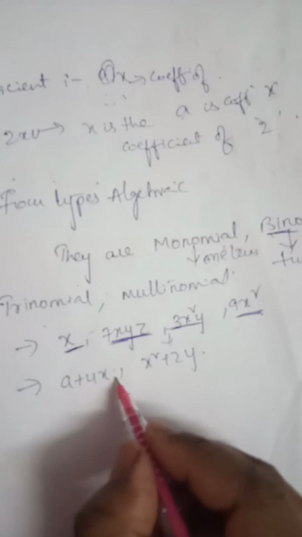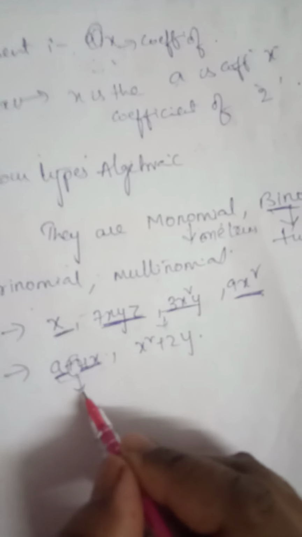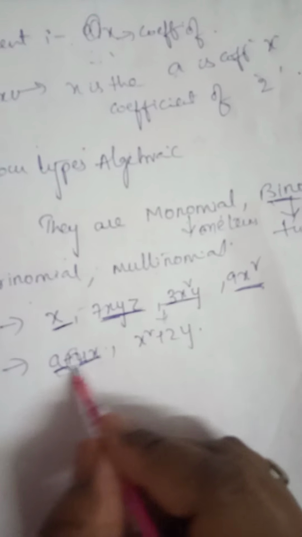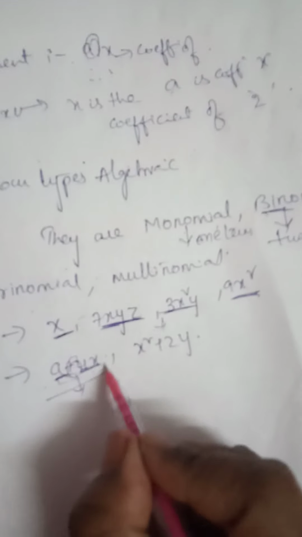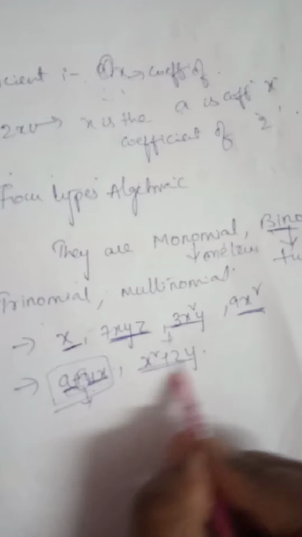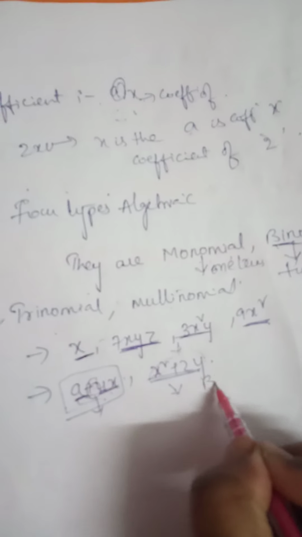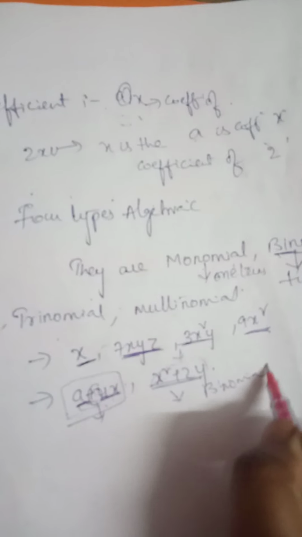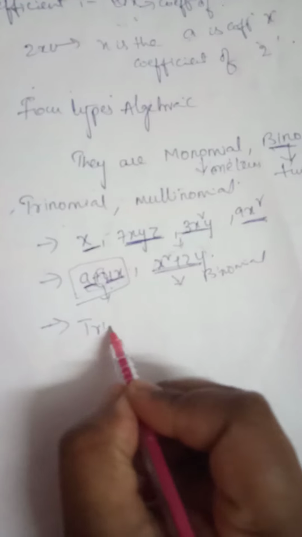Here a is one term, 4x is one term, and plus is considered to be an operator. Here we see two terms, and two terms are nothing but a binomial. Understood, children?